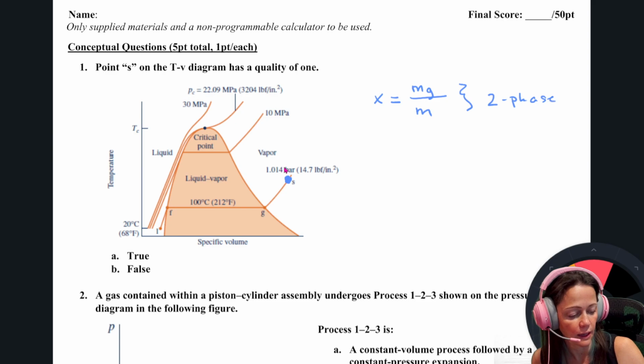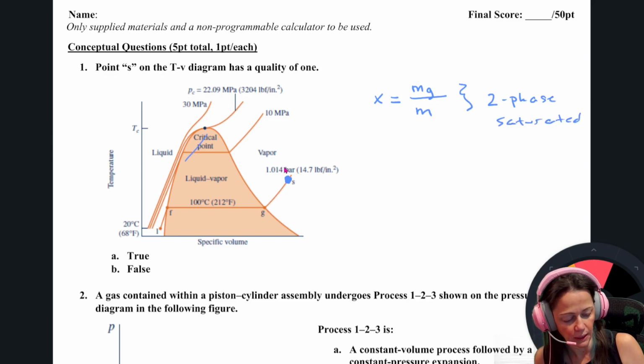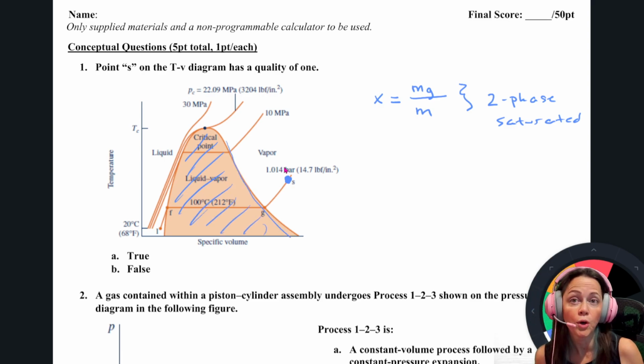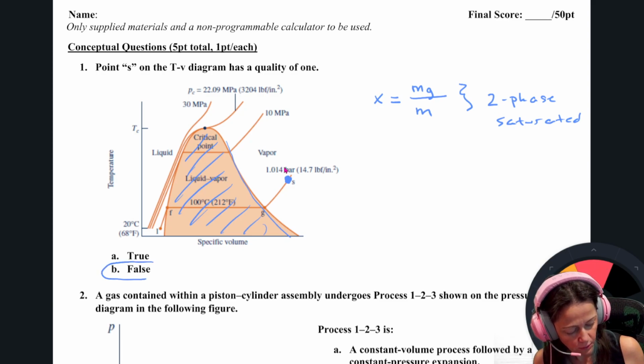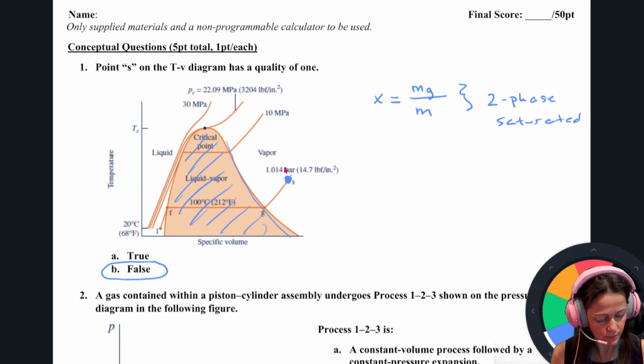It's only if it's saturated. So if it's under the dome or on the dome, quality would be defined. But if it's superheated or compressed, then quality is not defined. And so the answer would be false.